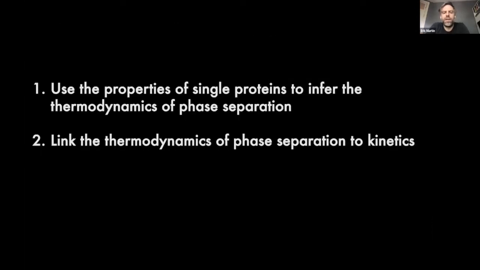So in this talk, I'm going to give a brief overview of what we have done looking at our model systems, particularly focusing on the work at BioCAT. And I want to isolate this into two essential sections.